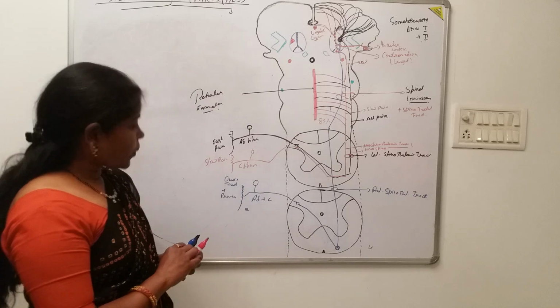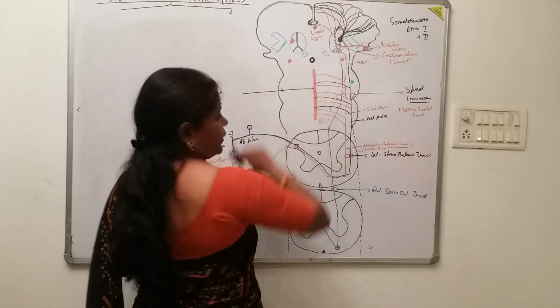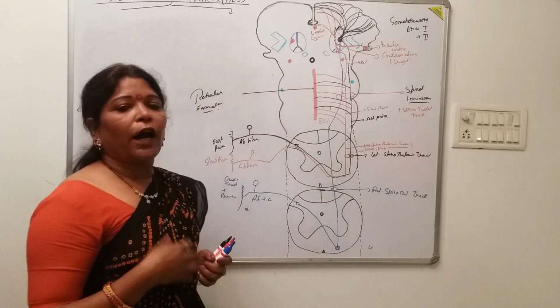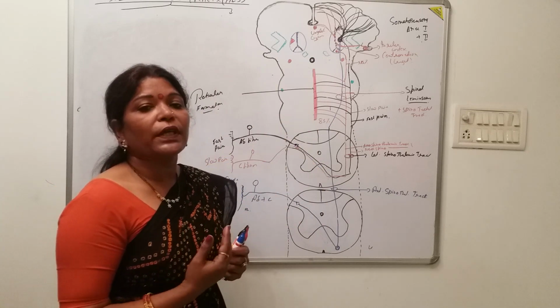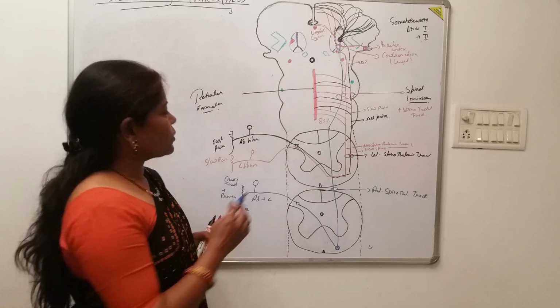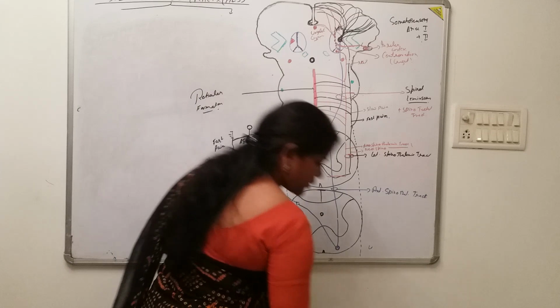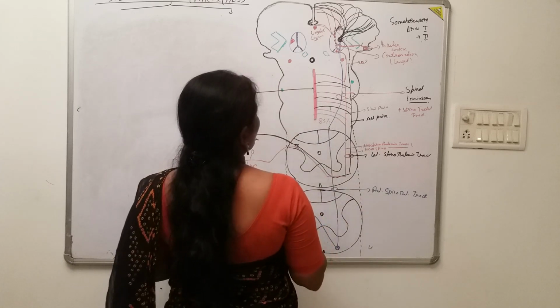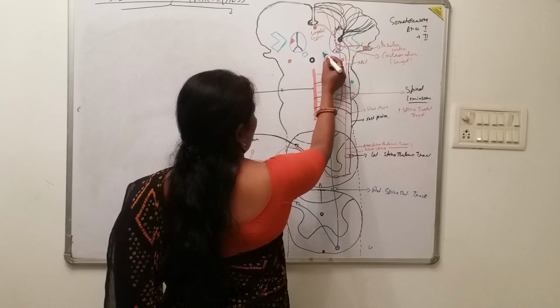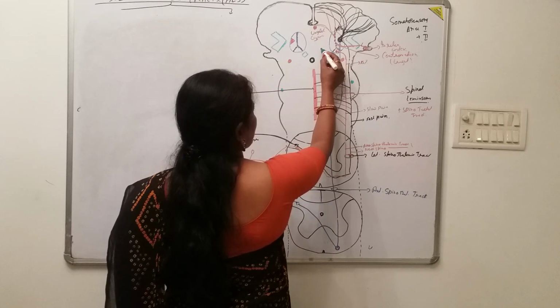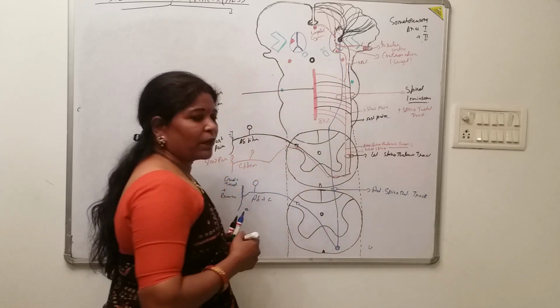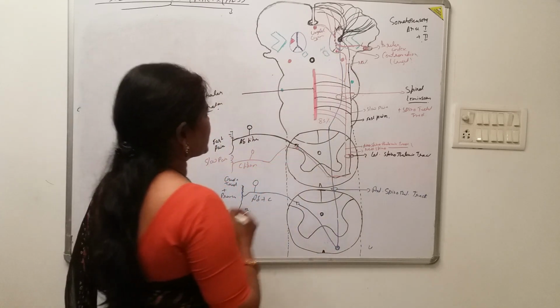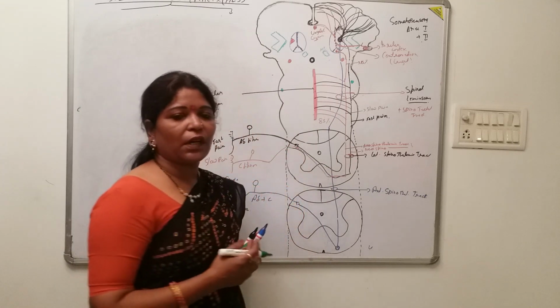Now, whenever there is pain, the heart rate and the blood pressure also increase. Why is it like that? Look here, there is another structure. This green color is the hypothalamus, and you know the hypothalamus is concerned with the autonomic responses of the body, such as increasing the blood pressure and the heart rate.